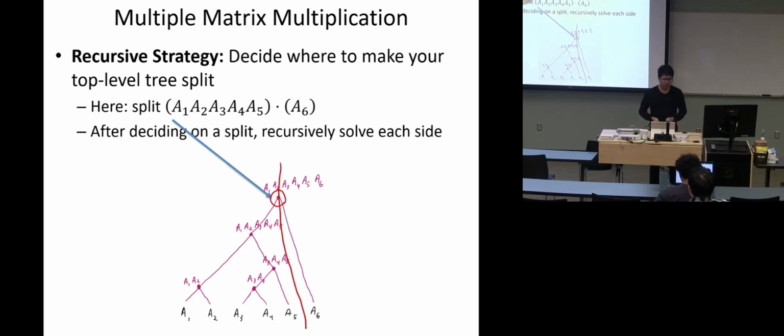So the recursive algorithm is: you have a sequence of matrices, and you decide what the last multiplication is, where you want to split, and then recurse on both sides.